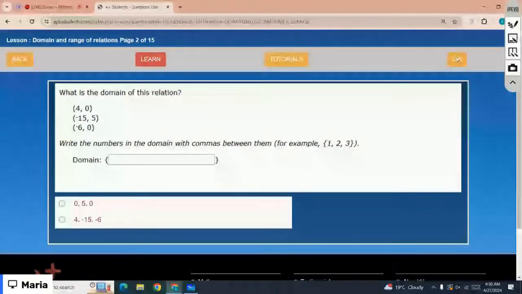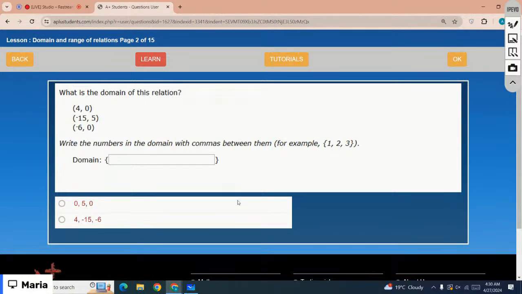What is the domain of the relation? Which is the correct option? Domain is all the y values, right? So the correct option is option number 1, that is 0, 5, and 0.